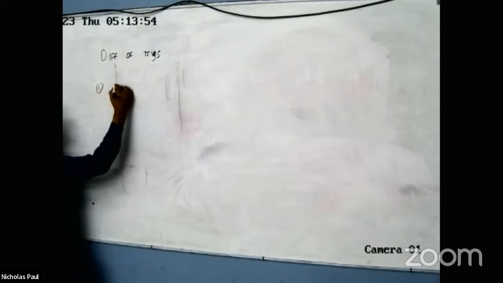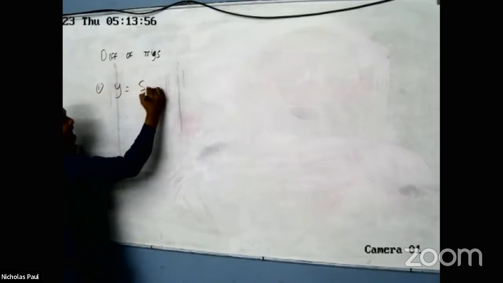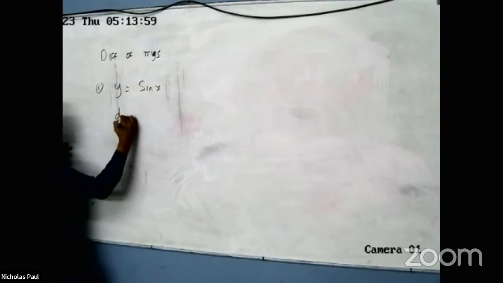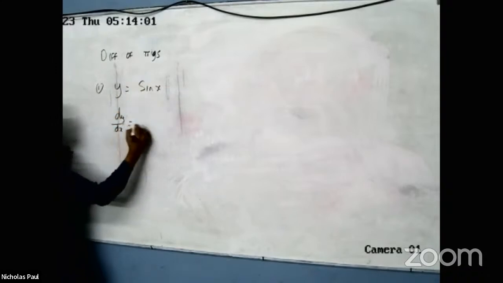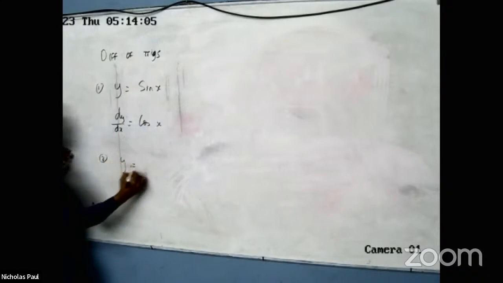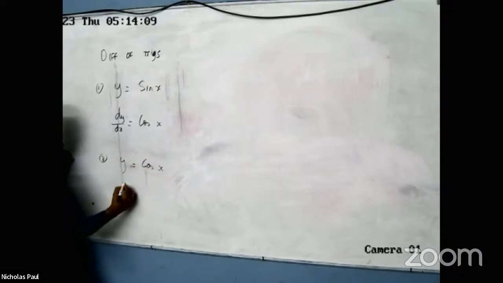Some of the rules that we need to remember: if we had y is equal to sine x, then the differential of sine x is simply cos x. What's the differential of cos x? The differential of cos x is minus sine x.